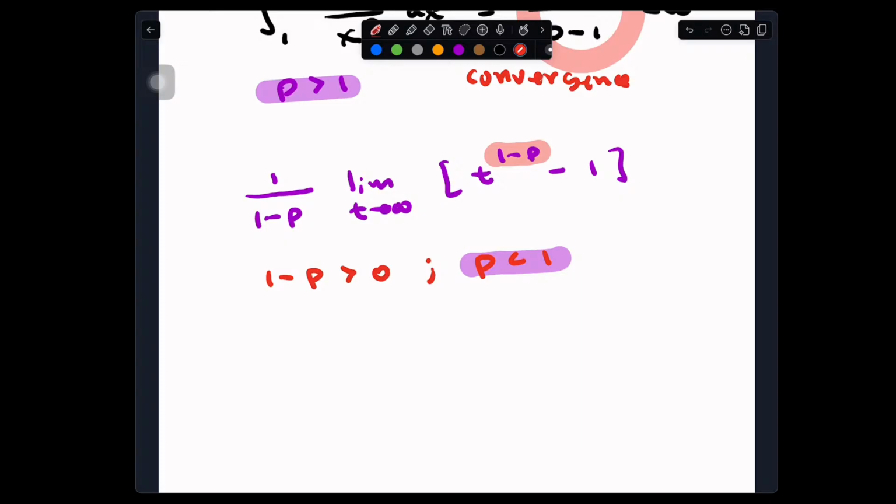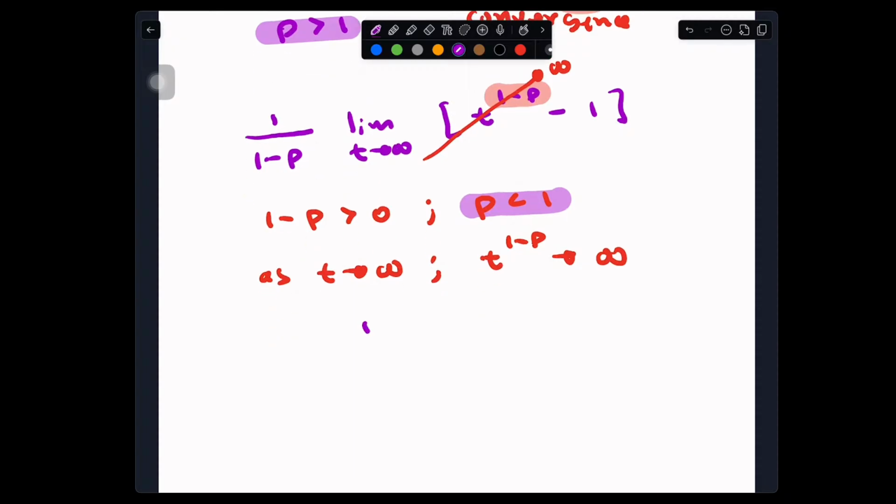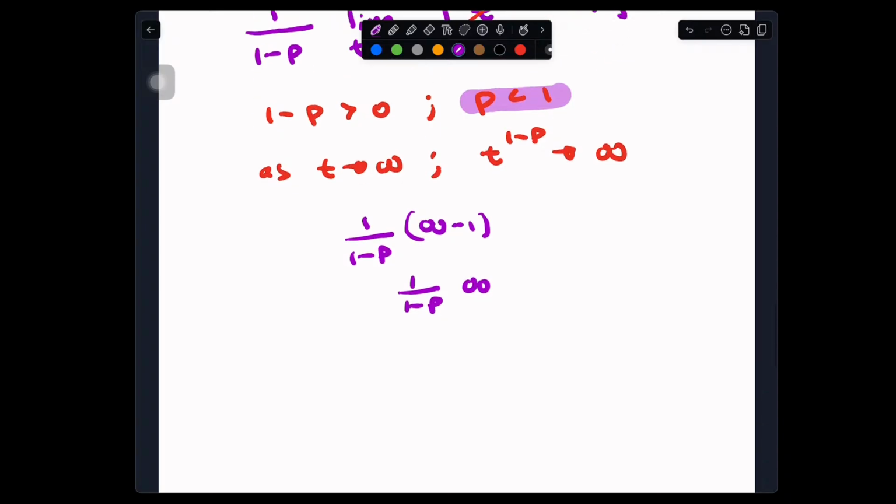All right, so now again, as t goes to infinity, t to the 1 minus p, that's going to go to infinity. So this portion goes to infinity, which really means we have 1 over 1 minus p, infinity minus 1, which is really a value times infinity. This diverges here.